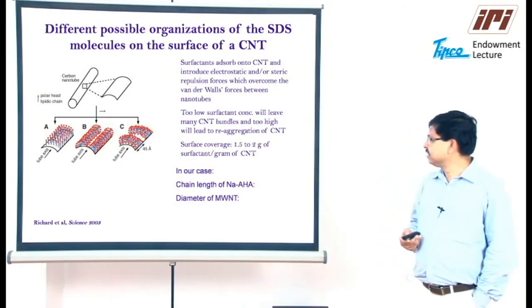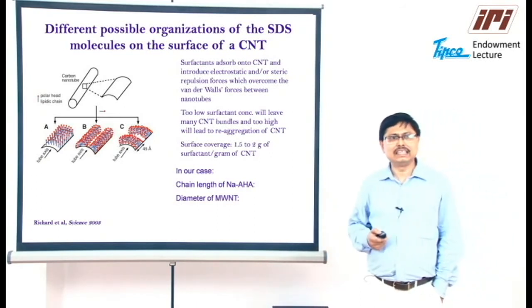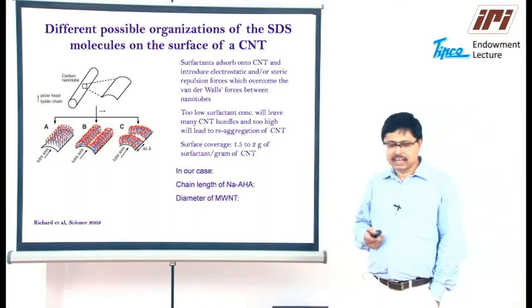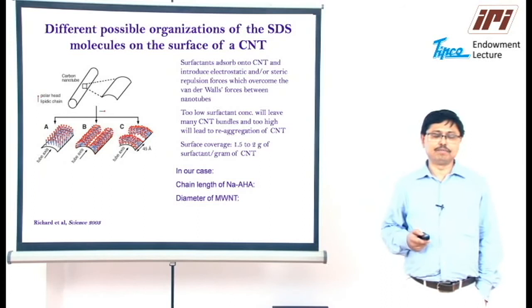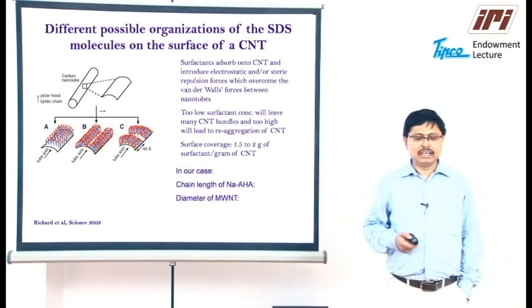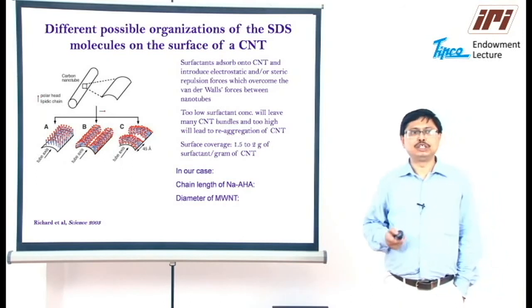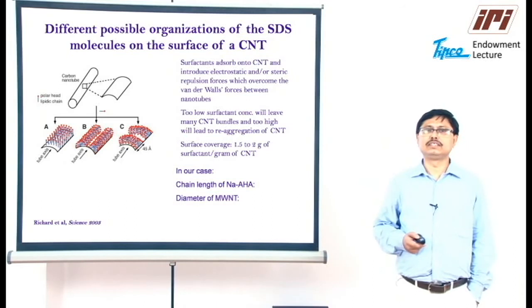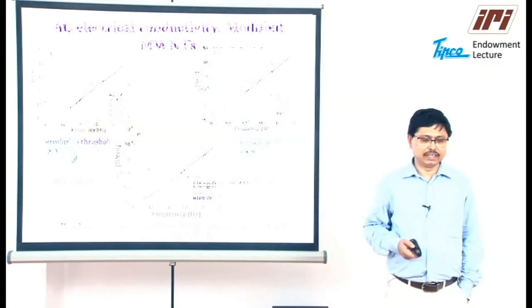In our case, we found that the length of the molecule is very small, 6 to 8 angstrom, compared to the diameter of the multi-wall carbon nanotubes. So we found that in our case, we need a much higher concentration of the NaHA in order to achieve complete surface coverage of the multi-wall carbon nanotubes.